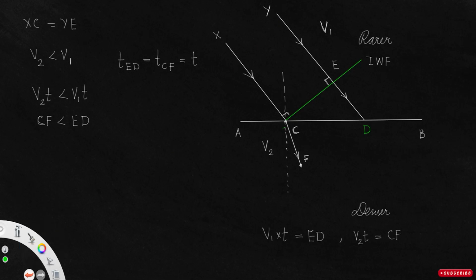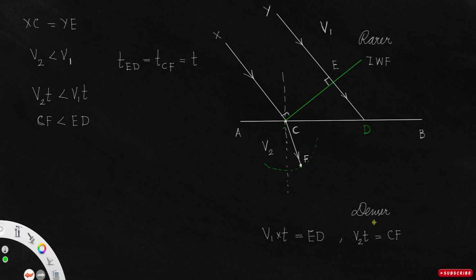For that, I have to use the Huygens principle again. See, at the point C, this CF is actually V2 into T. So what I have to do is draw an arc with CF as the radius, keeping C as the center, or keeping the pointer of the compass at the point C. That is, I have to draw an arc like this.